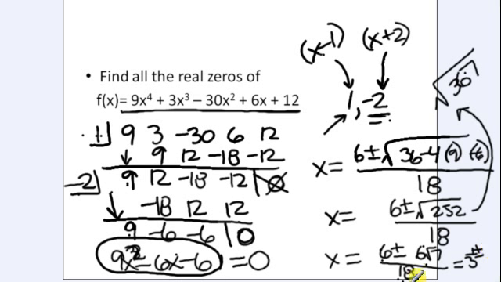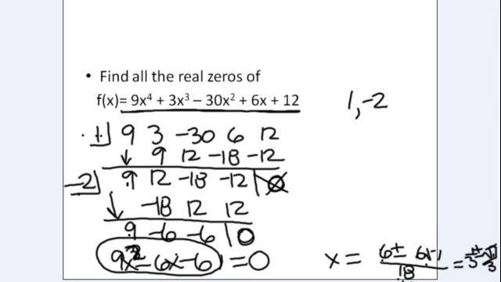And 6/18 again would reduce to 1/3, so I could write that as square root of 7 over 3. Running out of space here. So let me get some space cleared up and I'll rewrite this. All right, that's better. So coming up here, I had 1/3 plus or minus the square root of 7 over 3.